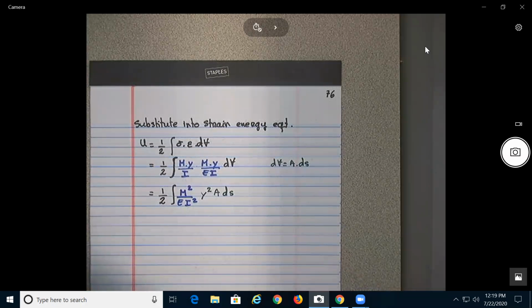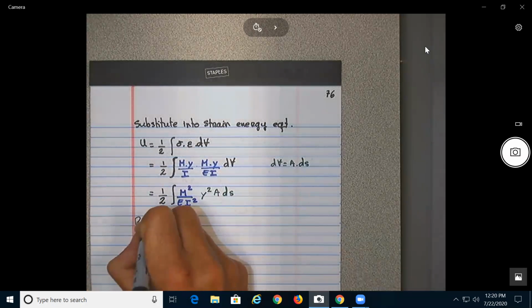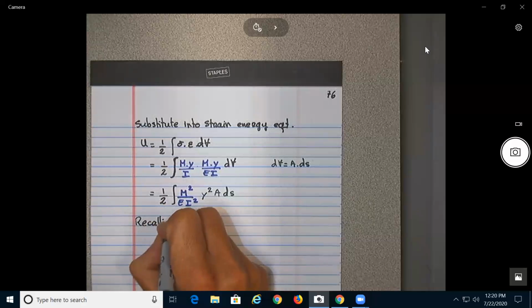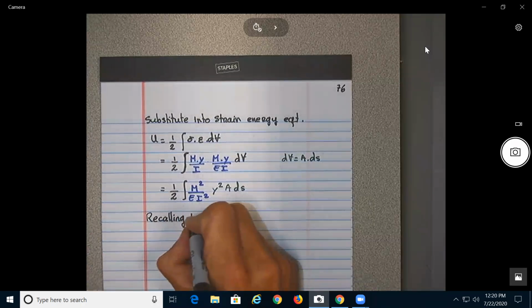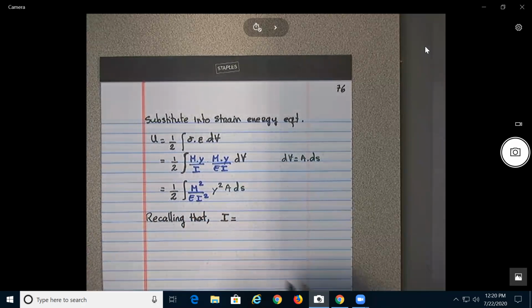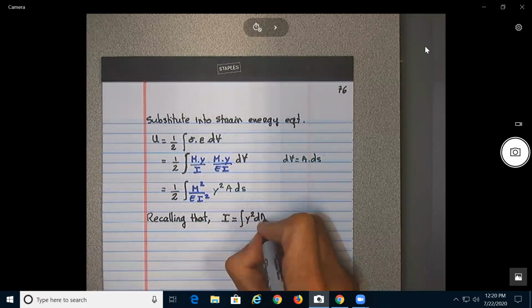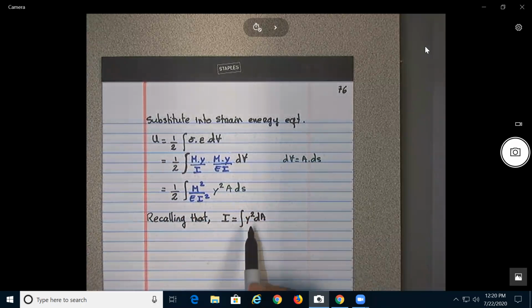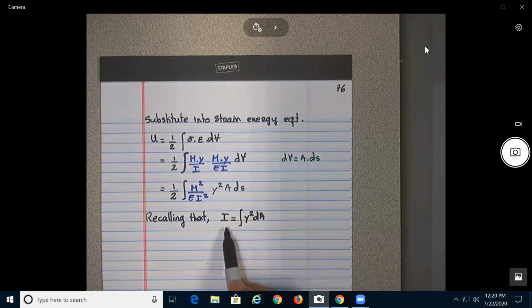And now, recalling that, what is the definition for the moment of inertia? It is the integral of y squared dA, no? So this term over here, y squared A, will be equal to the moment of inertia.